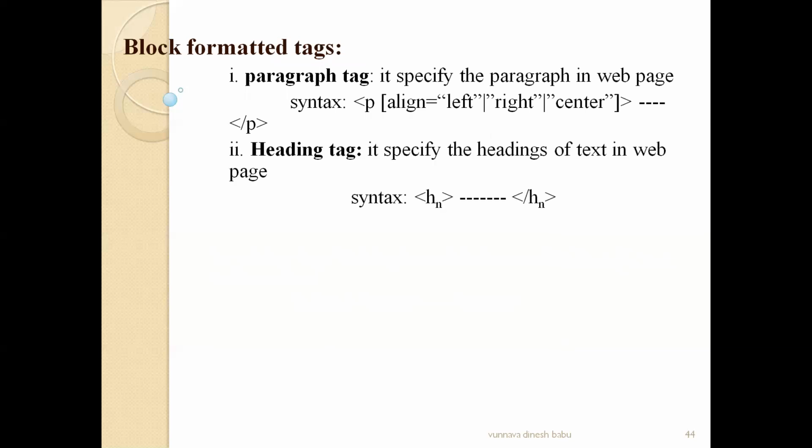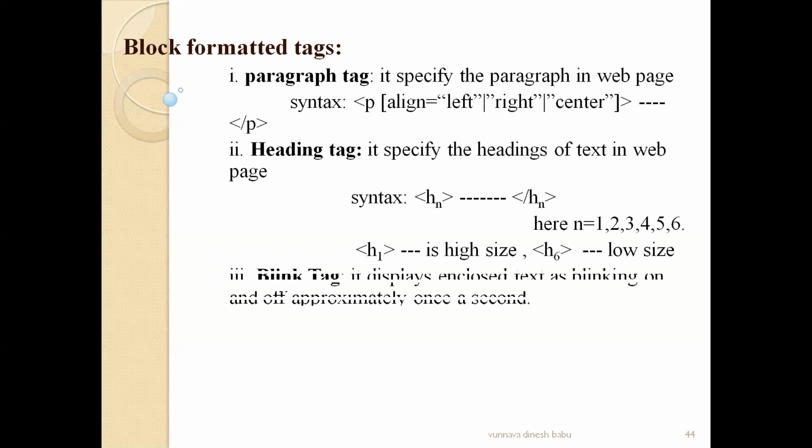Heading tag, we already discussed that there are 6 types of headings, H1 to H6. All 6 types of headings are used to display the text at different sizes on the web page. We can see all these things in the example. H1 is the highest size and H6 is the lowest size.